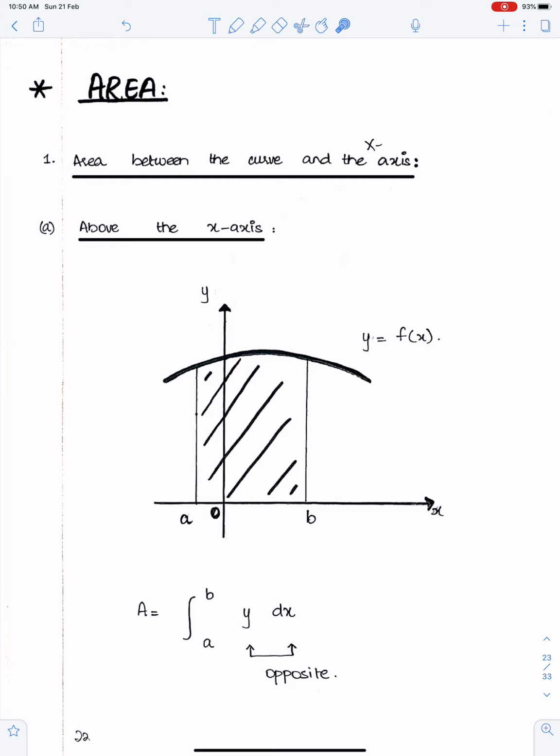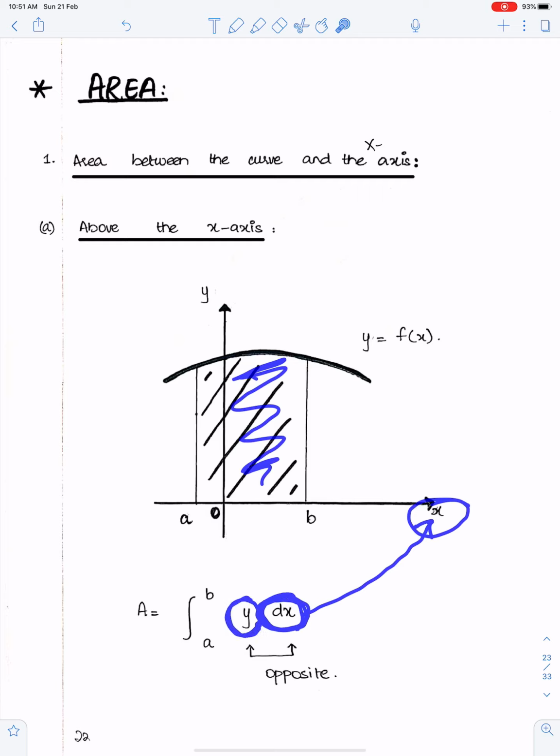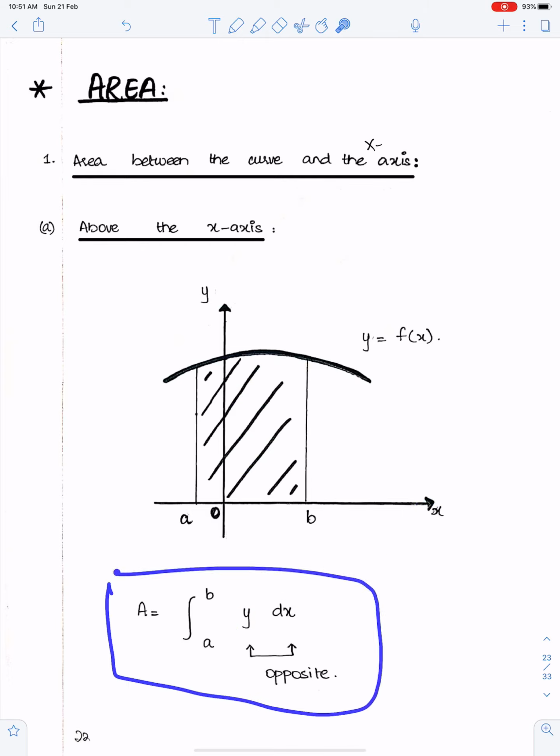And these two variables are always opposite. You can easily learn the formula like this. This operator is of the same type as the axis. Since the area is between the curve and the x-axis, this operator should be dx, like the variable x, and this must be the opposite variable of x, like y. So you can learn this formula in this way. Dx is here and these two are opposite.